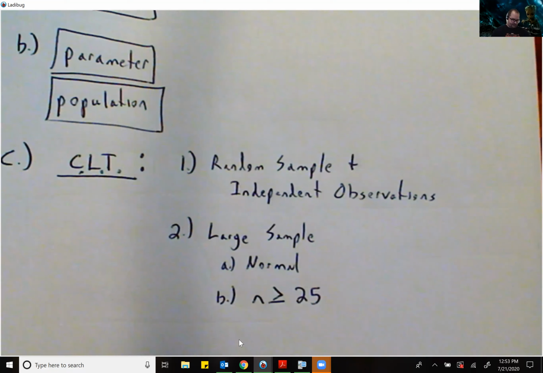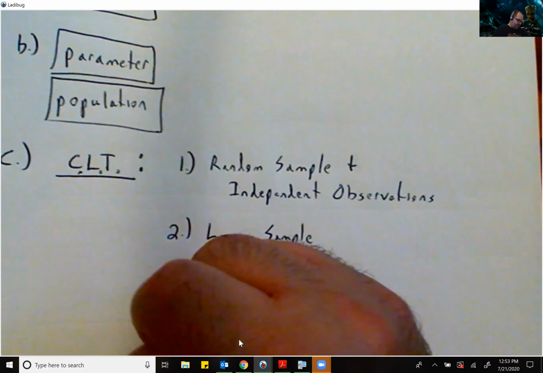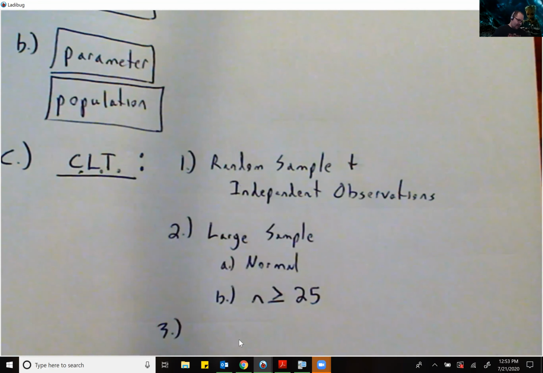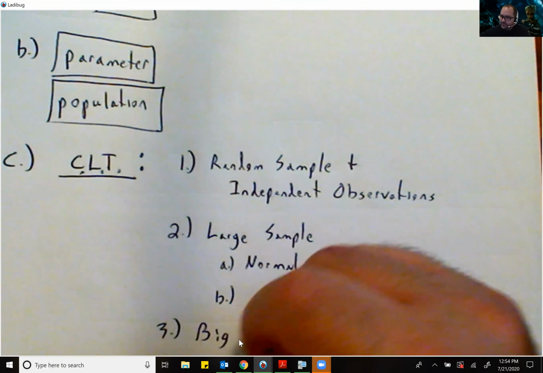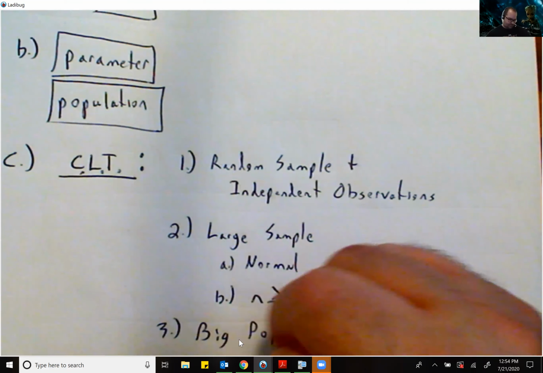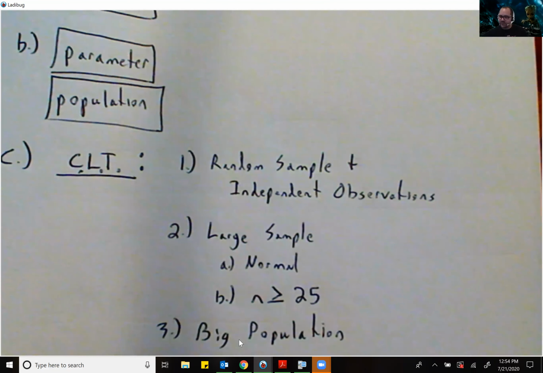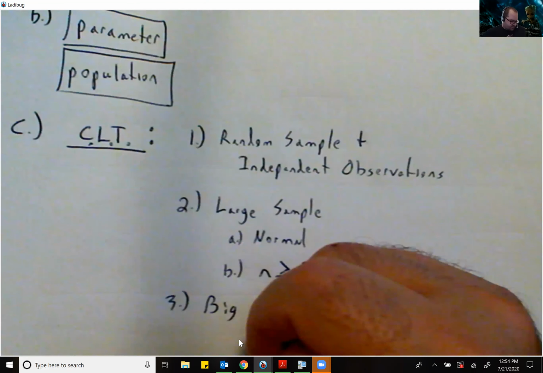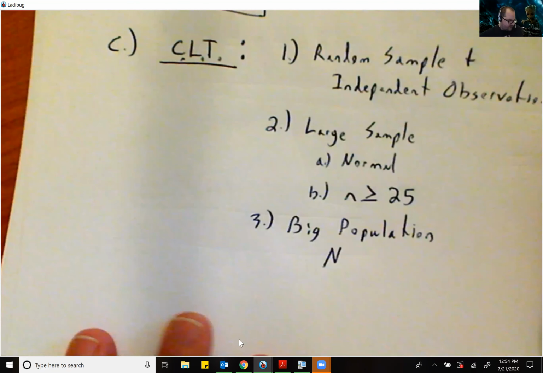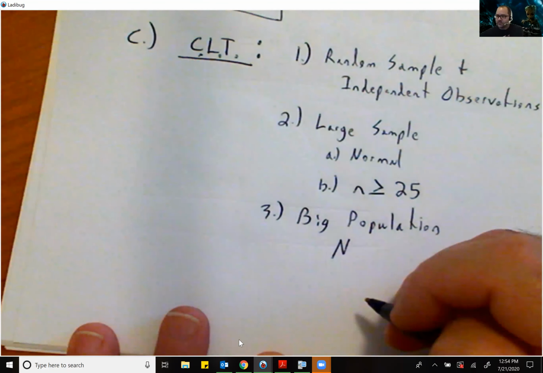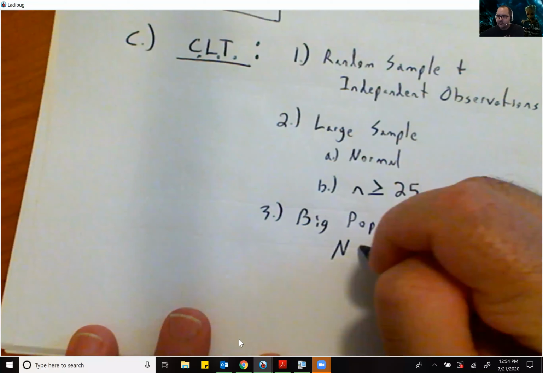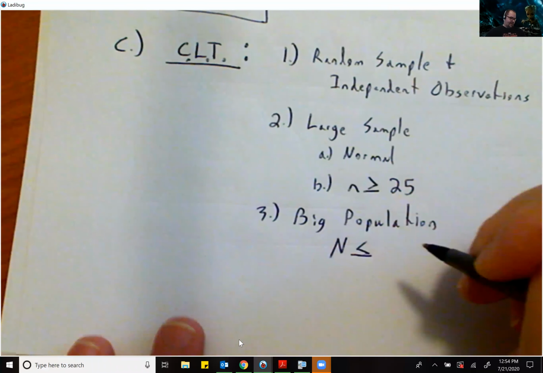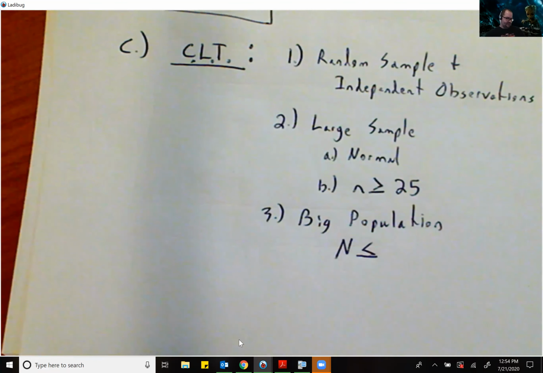The third one is that you have a large population, or in other words, a big population. So in other words, the population size is at least 10 times the sample size.